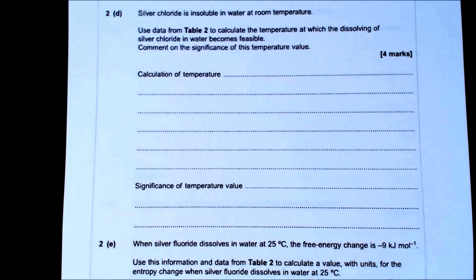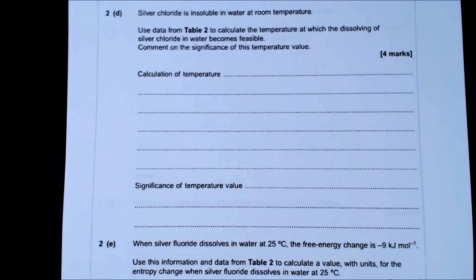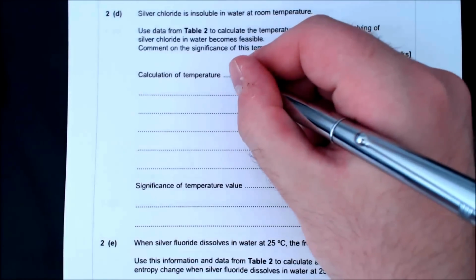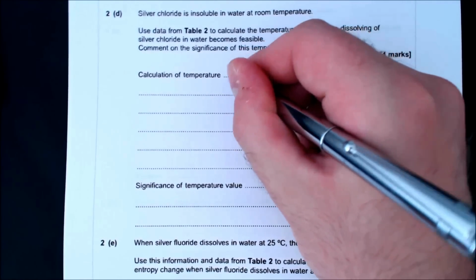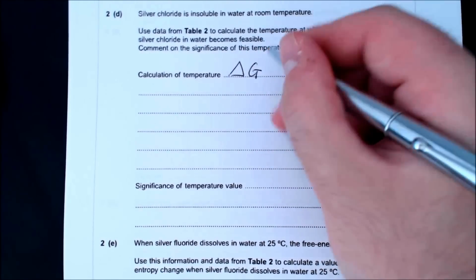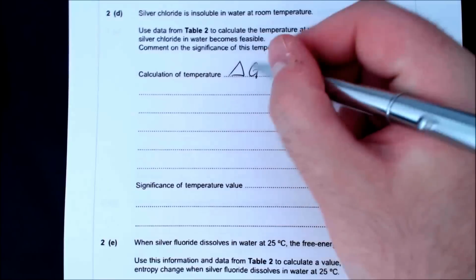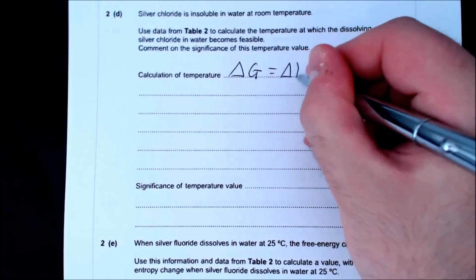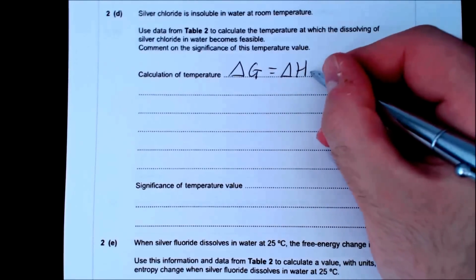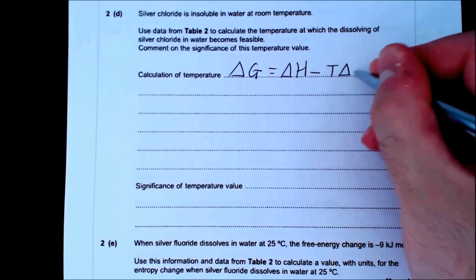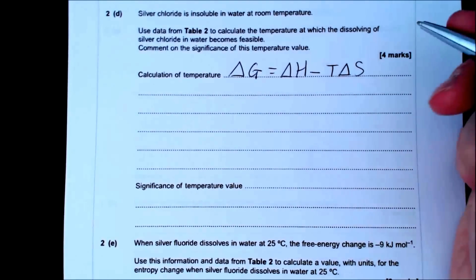So the first thing we have to do is 4 marks. You really need to write your equations before you write any numbers down, because you actually get a mark for that as well. So the equation that we need is delta G, and when it talks about feasibility, we're talking about delta G equals delta H, which is the enthalpy change, minus T delta S, which is entropy. T is temperature.